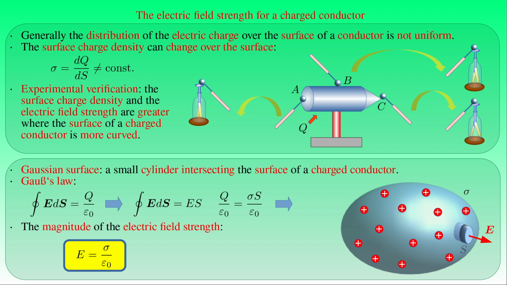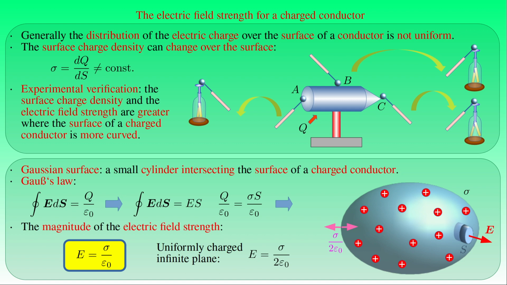If we compare this result with the one obtained for the electric field due to a uniformly charged infinite plane, we can see that the magnitude of electric field strength is 2 times less for the infinite plane than the one for the charged conductor. The explanation of this fact is simple. The charges in the vicinity of a given point of the surface of a charged conductor produce a local electric field on both sides of the surface, which is given by the surface charge density sigma around that point over 2 times epsilon naught.